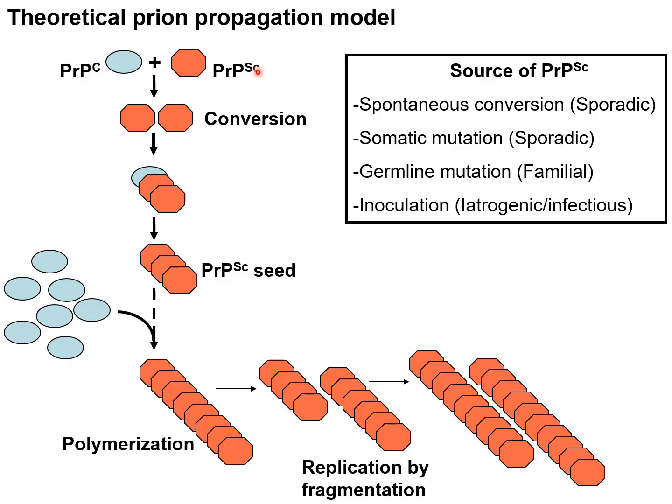Where do we get this PrPSc from? So there are multiple proposed modes. Spontaneous conversion, suddenly it happens, and so this is called sporadic, or a somatic mutation. So the PRNP gene becomes mutated in a somatic cell. Again, this is sporadic, so both sporadic forms happen out of the blue. Then we have what we call the germline mutation, or the familial TSE, and in that case, this is a heritable form of the disease, and you'll see that all of them are autosomal dominant.